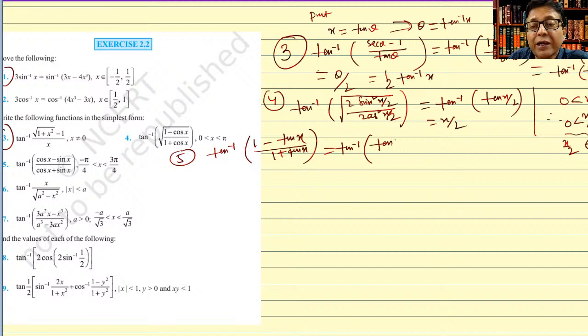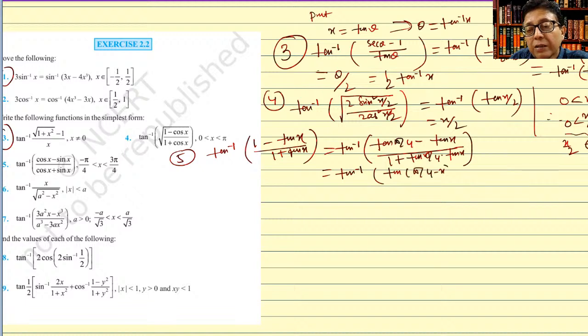So tan pi by 4 minus tan x, and here you can write 1 plus tan pi by 4 into tan x. Tan inverse of tan of pi by 4 minus x. Pi by 4 minus x.